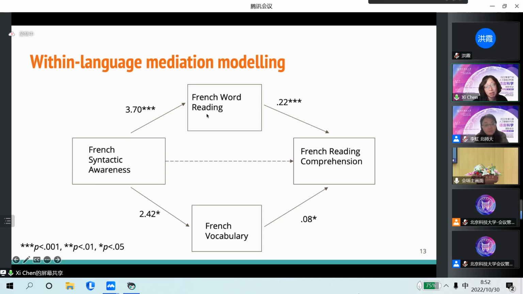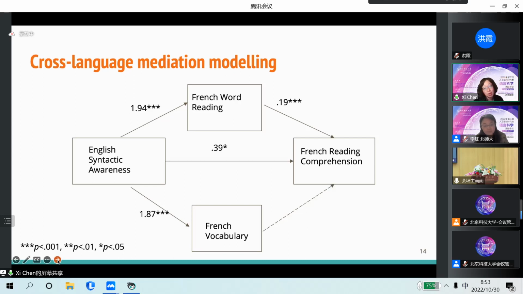But we found indirect effects mediated through word reading and also vocabulary. So that shows that because our kids were only in the second grade, they were younger kids, syntactic awareness benefited word reading and vocabulary and not reading comprehension directly.